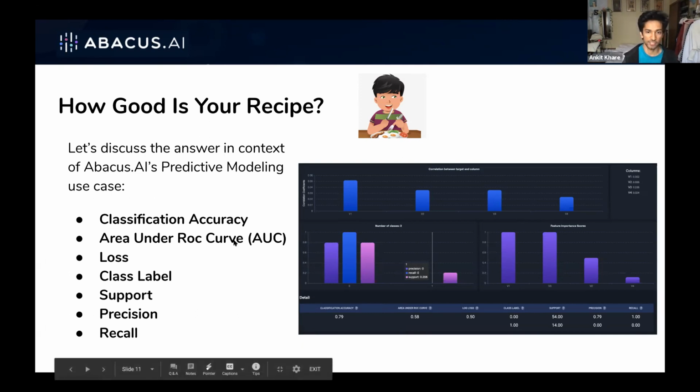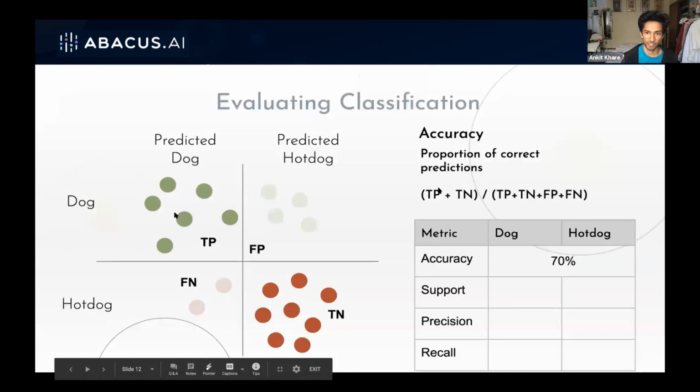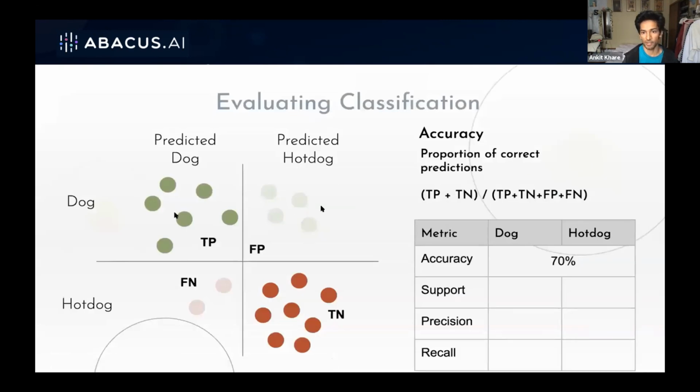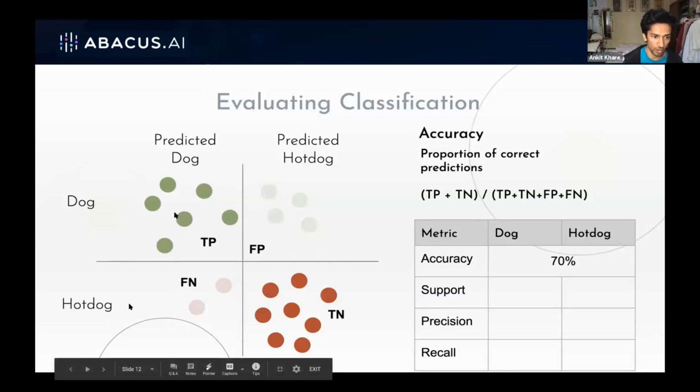Accuracy is the simplest one to understand. It's just true positive plus true negative. Okay, before that, I think for the beginners, I should briefly go through true positive and false positive. These are the actual classes, dog and hot dog. These are the predicted classes. So vertically, predictions, horizontally, the actual classes. True is like the prediction part, so true prediction, false prediction.